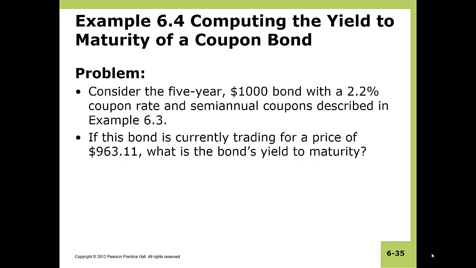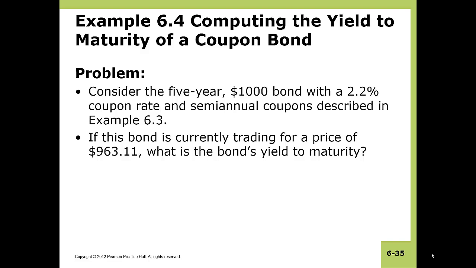So on your calculator, you'll put it in like this. N equals 10 because it's a 5-year bond, but you have semi-annual payments, and so you have 10 payments in total. I is what we're trying to find. Present value is what you're actually paying, so you put this in as a negative $963.11.